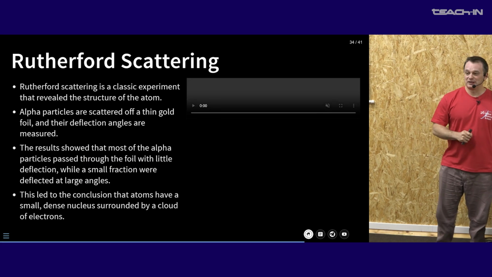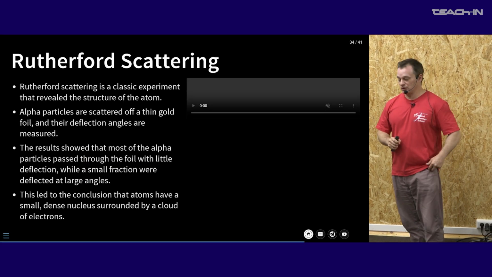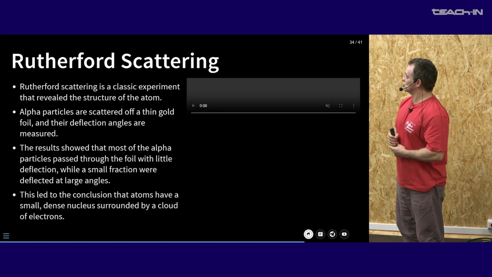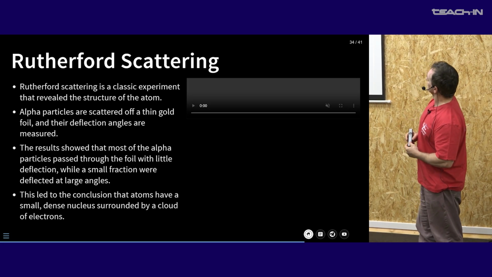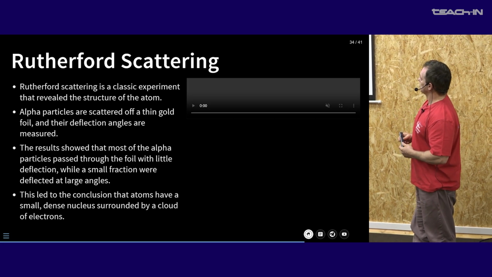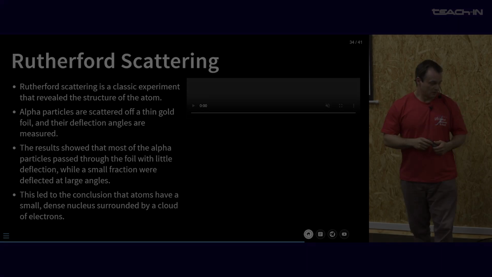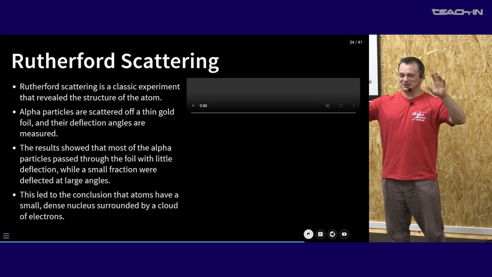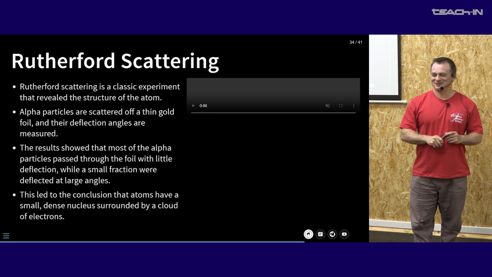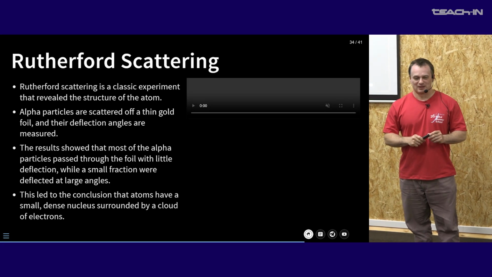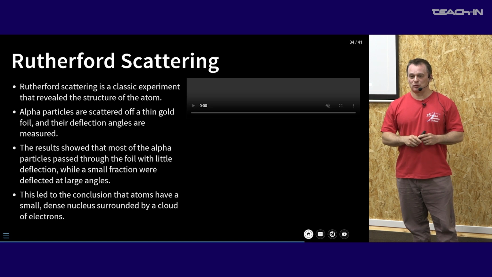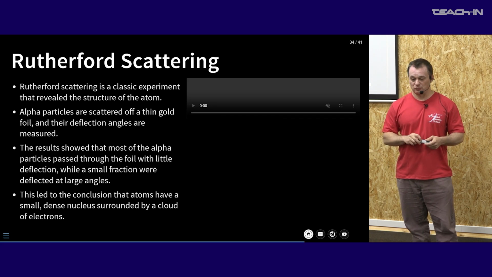And so in the last part of my lecture, I'm going to tell you about Rutherford scattering. I will just make a hand-waving description of what this experiment was about. Two postdocs of Rutherford, Marsden and Geiger, were doing this experiment.